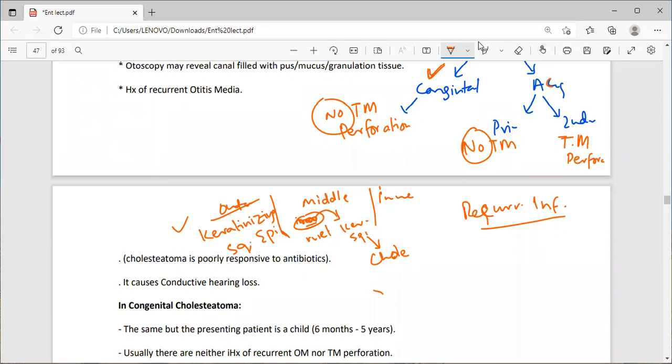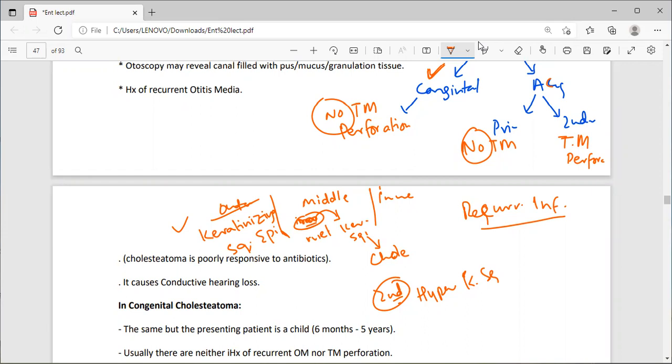The next theory the scientists came up with was that because of the recurrent infection, there was hyperplasia of this keratinized squamous epithelium in the middle ear, without rupturing the tympanic membrane, because it is mostly present outside in the outer ear.